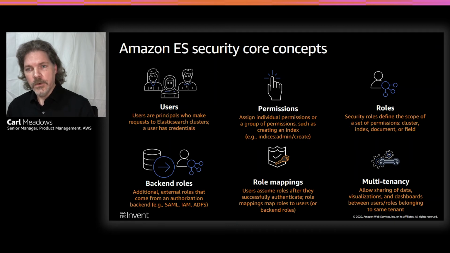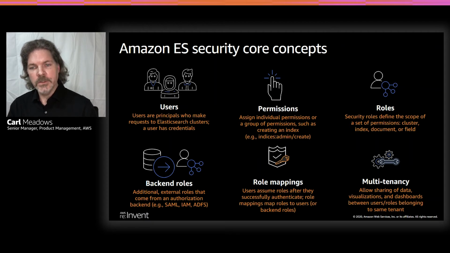You also don't actually have to just use users. You can use what's called a backend role, and a backend role is really just an entitlement. It can be a group, and so then I can leverage those groups to then map to roles, and we're going to talk about this in the demo as well.